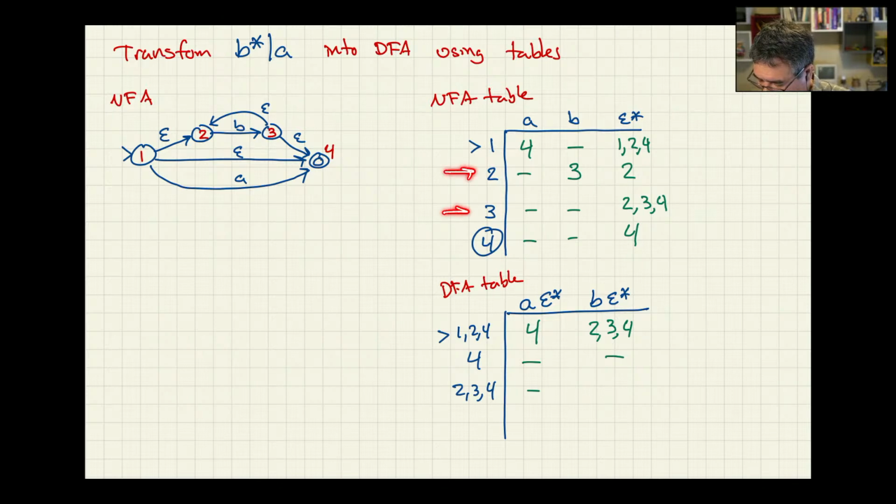And then 2, 3, 4 on a B takes us to 3. And then 3 takes us to 2, 3, 4. Didn't add anything new. So table is now done. We just need to identify the final states. Anything with a 4 is going to be circled. So that means this one is, and this one, and this one.